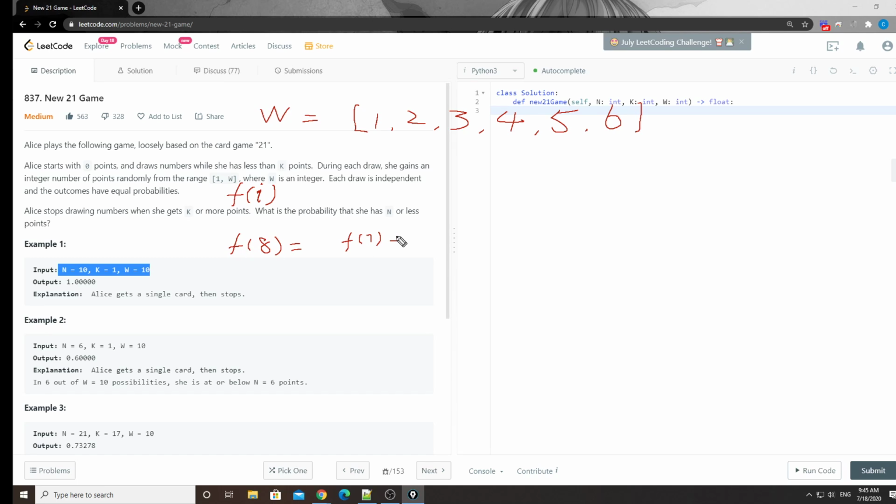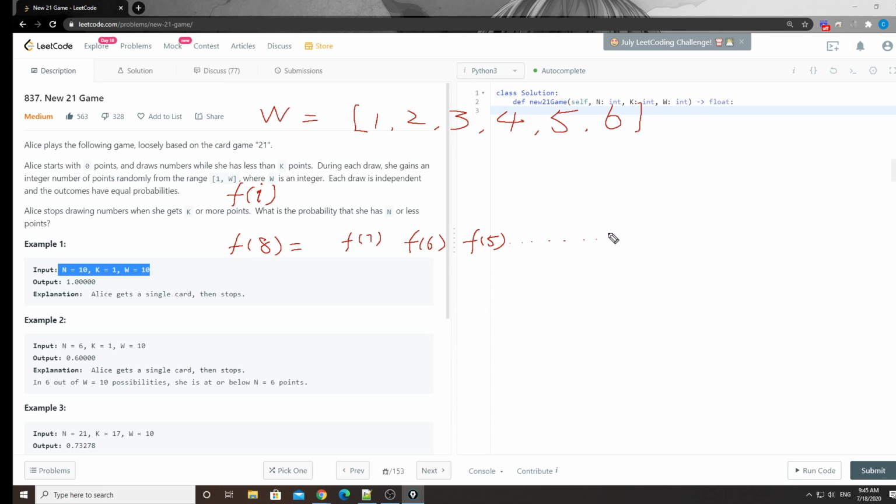And how about another one? Another one is F6. From F6, if we draw a 2, then we also get F8. Same thing for F5, and then until the last one. What's the last one?